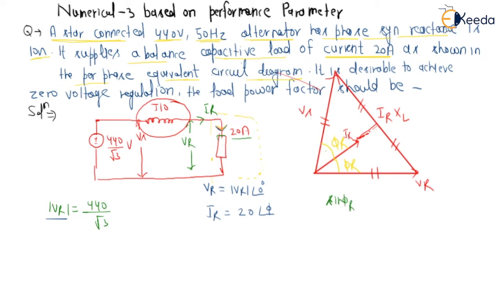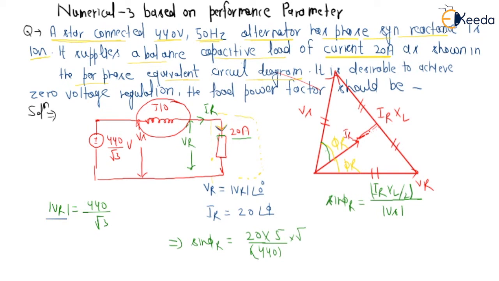Sine phi r we can write as IR into XL divided by 2, upon Vs. Putting all the values, sine of phi r is equal to IR, which is 20 ampere, into XL, which is 10, by 2, so 5, upon Vs, which is 440 by root 3, meaning into root 3.